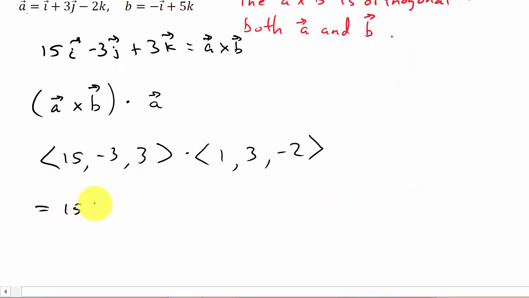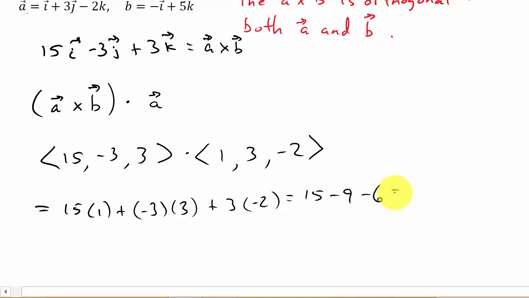So 15 times 1 plus negative 3 times 3 plus 3 times negative 2. And you can see that's going to be 15 minus 9 minus 6, which is 0. Okay, so that shows that it's orthogonal to A. And since we're up here on time, I'm not going to do B. It would be the same thing.